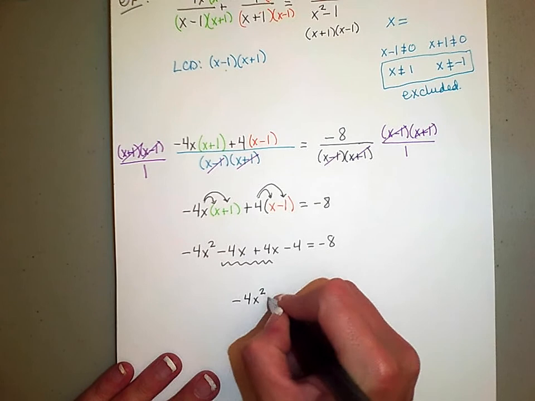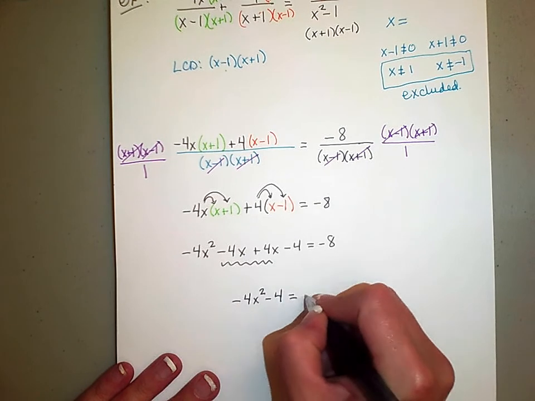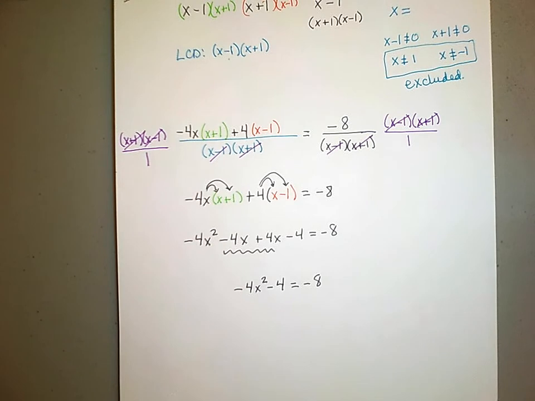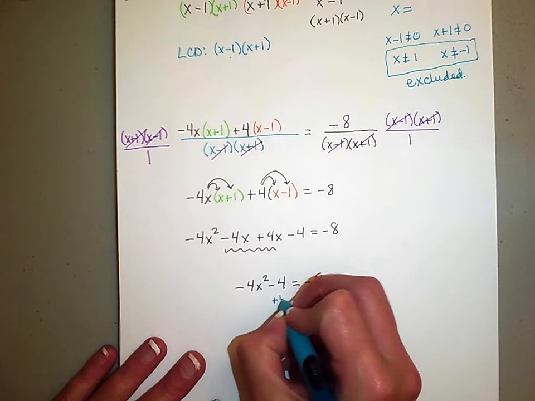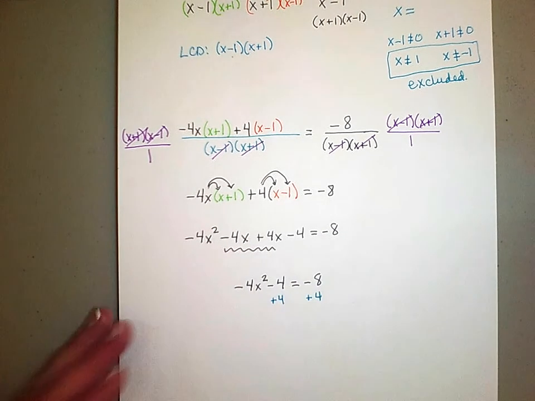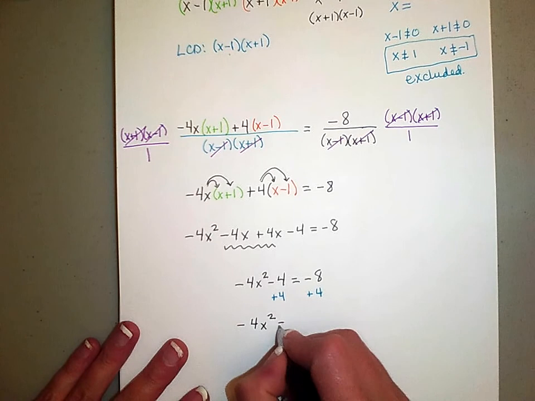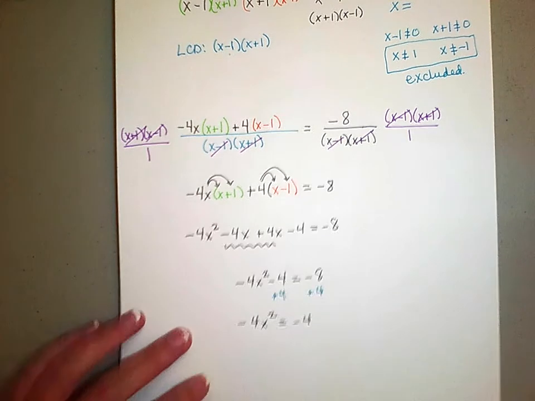So we have minus 4x squared minus 4 equals minus 8. So let's add 4 to both sides. Minus 4x squared equals minus 4.